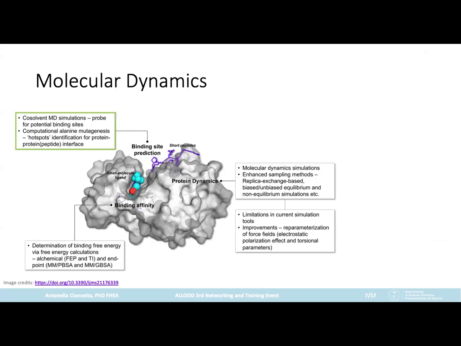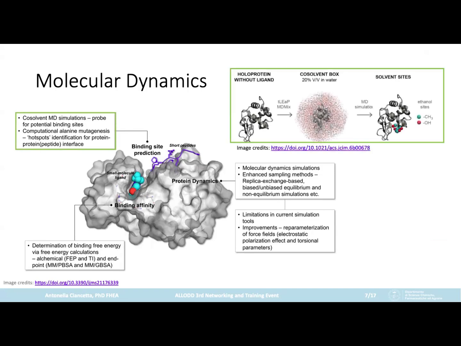Cosolvent MD mirrors an experimental technique whereby protein crystals are obtained in a mixture with organic cosolvents. In cosolvent MD, the protein is simulated in a box containing a mixture of water molecules and organic cosolvents.